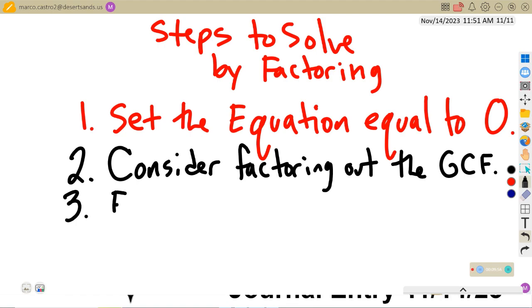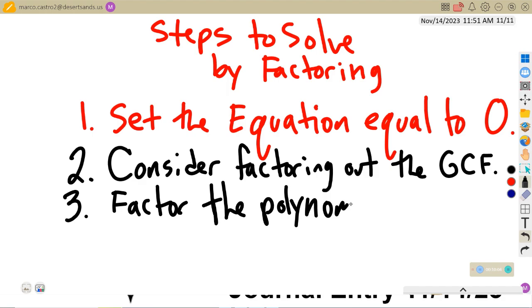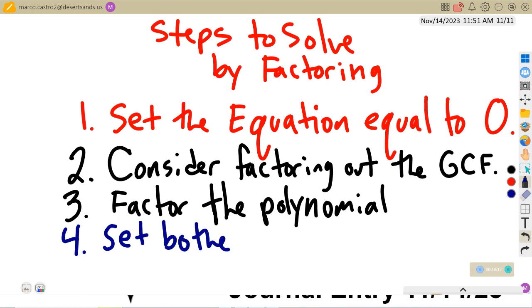Step 3 would be factor the polynomial. After you factor that, then this has been the step that feels weird, right? We need to set both factors equal to 0. Set both factors equal to 0.